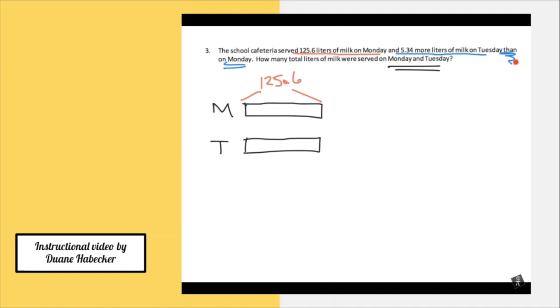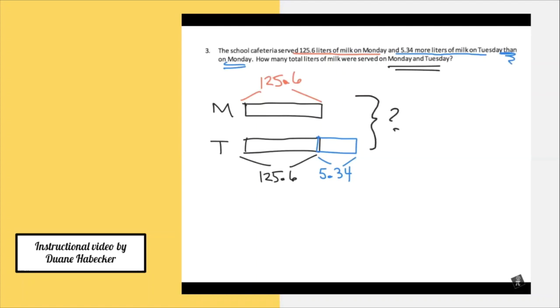Now Tuesday, they did those 125.6 liters, but plus they did an extra 5.34 liters because it says they did 5.34 more liters of milk on Tuesday than on Monday. So they're tied, and then Tuesday did 5.34 more liters. And then the question is, how much did they do all together? So that's the big question.